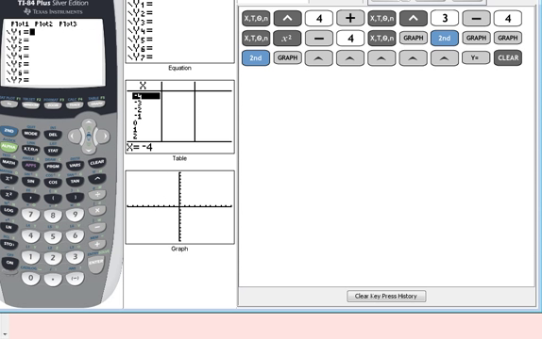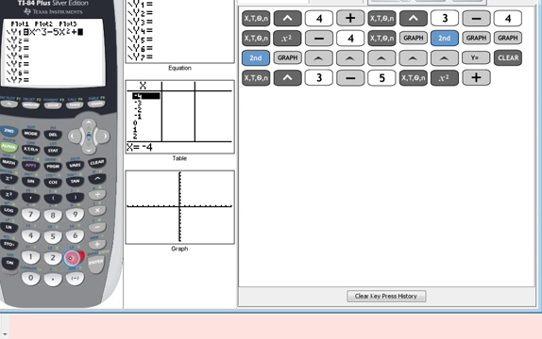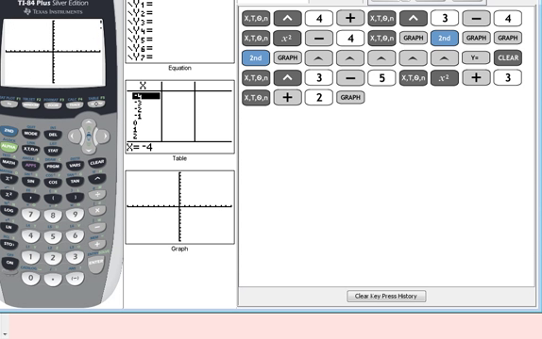And now we're going to put in x cubed minus 5x squared plus 3x plus 2. Alright, now when we press graph here, we're going to see what we have to look at.